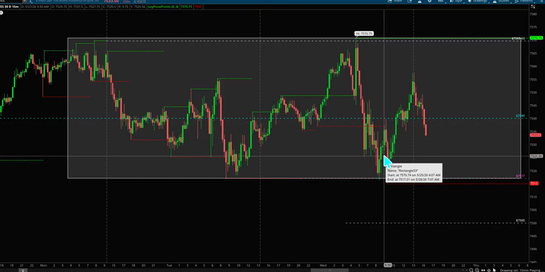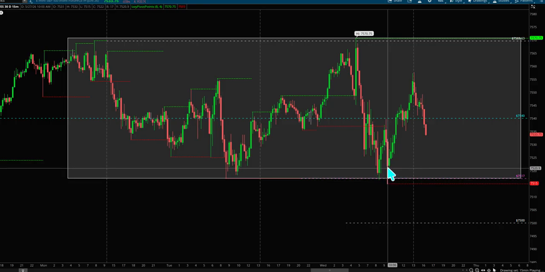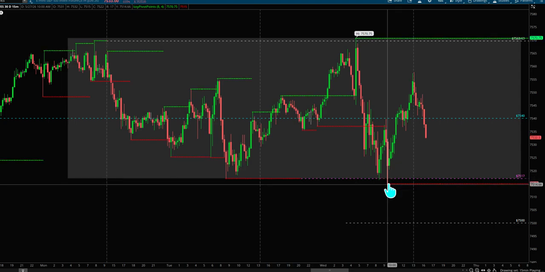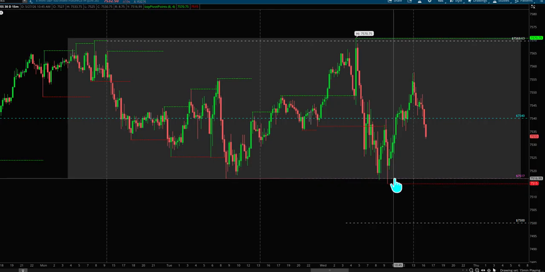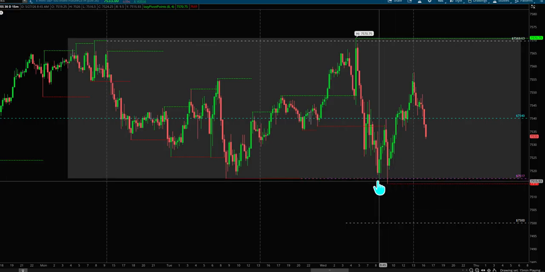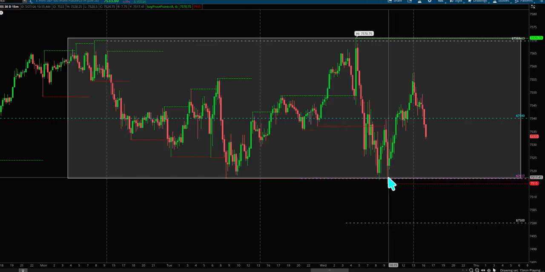We got rejected at 75.40, sending the market back down into 75.17 and spiking under 75.17. Short traders got trapped right here. Buyers stepped in. It kept the market above 75.17.